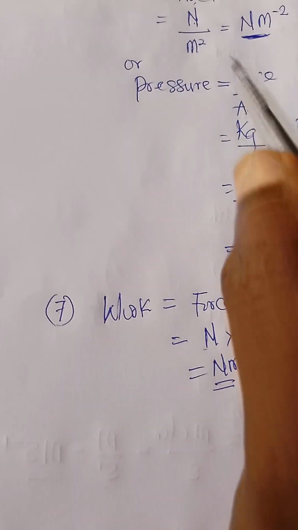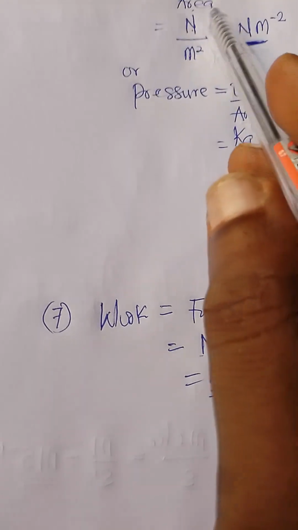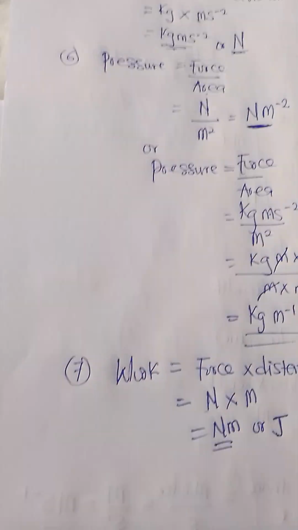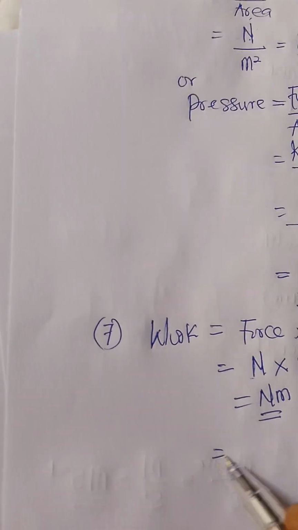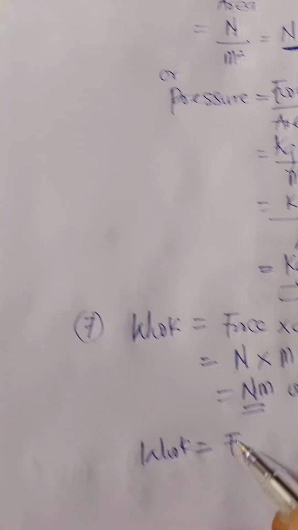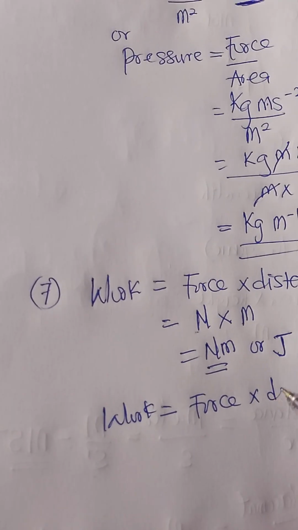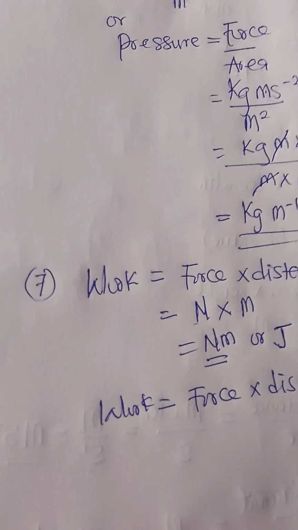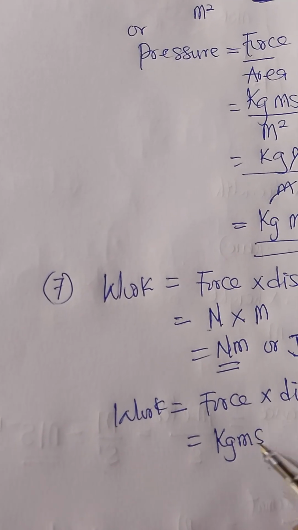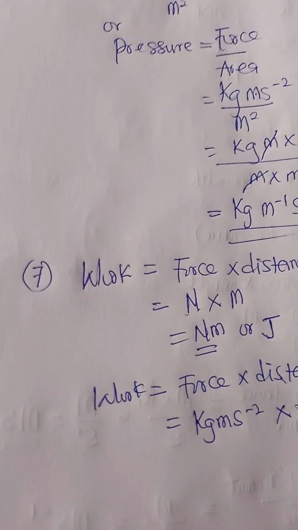Or I can decide to use the other unit for force, which is kilogram meter per second square. So I'm going to have work will now give me force times distance. So what is the unit for force? Unit for force will now be kilogram meter per second square, times distance, which is also meter.